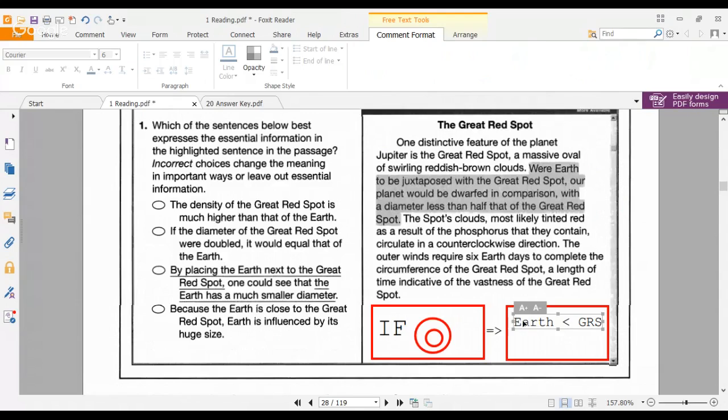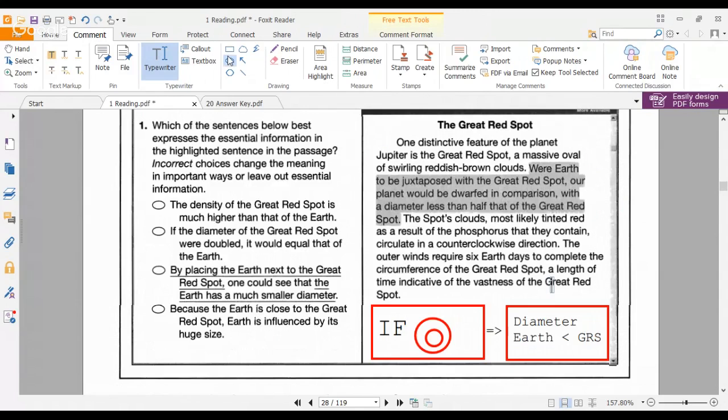I think not to read each option and compare with the highlighted sentence. Yeah, we definitely don't want to read this highlighted sentence many, many times and compare it with each option. It's just a waste of time. If we're going to succeed on the TOEFL test, we're not going to do that.